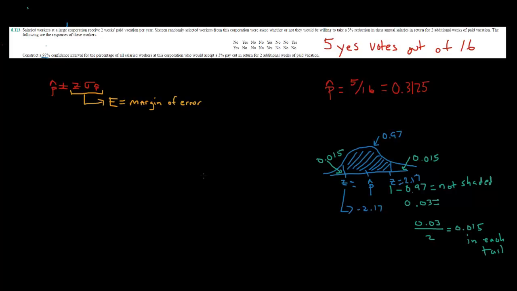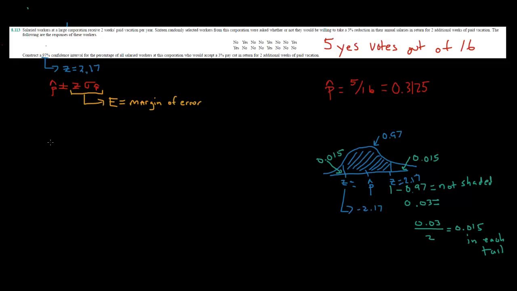Okay, so going back over here, a 97% confidence level corresponds to z equals 2.17. Alright, so we have p hat, that was easy. That was just the sample proportion. We know that already. We have z, that corresponds to a 97% confidence level. Now what we need to do is find sigma sub p hat, the standard deviation of our proportion sampling distribution.